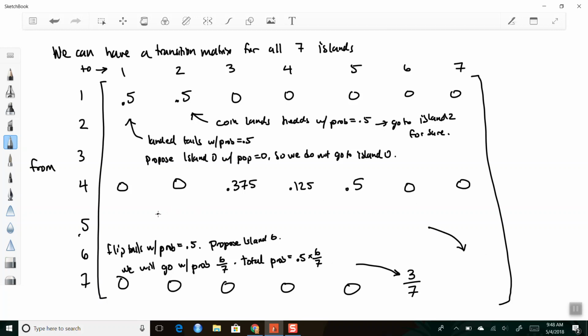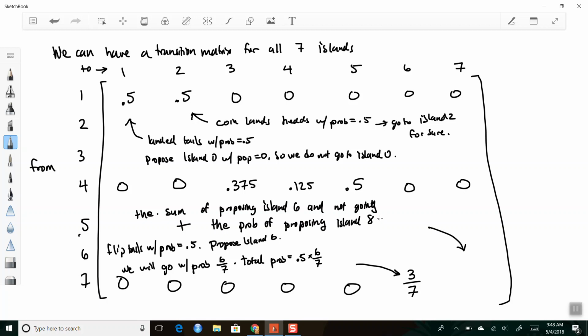So this will equal the sum of proposing island 6 and not going, plus the probability of proposing island 8, which doesn't exist, and not going, which is going to be equal to 0.5 plus 1/14, which is equal to 4/7.